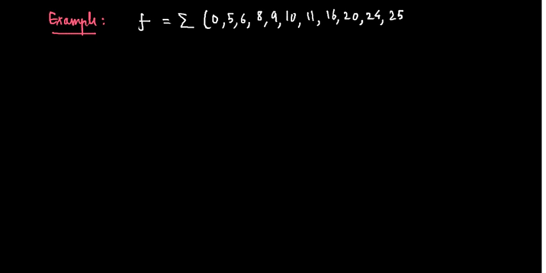Example. Now this is more challenging. F equals... If I give don't care conditions, it becomes slightly more complicated, so I'll try to avoid that, but I may be cruel and insert don't care conditions in the exam also, so do as much practice as possible. 0, 5, 6, 8, 9, 10, 11, 16, 20, 24, 25, 26.